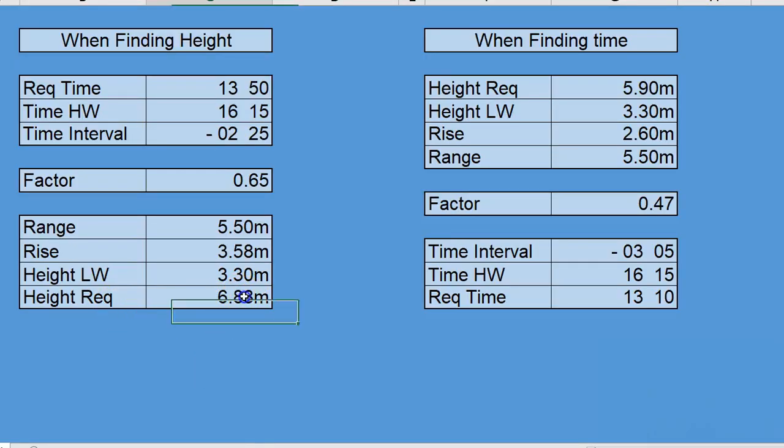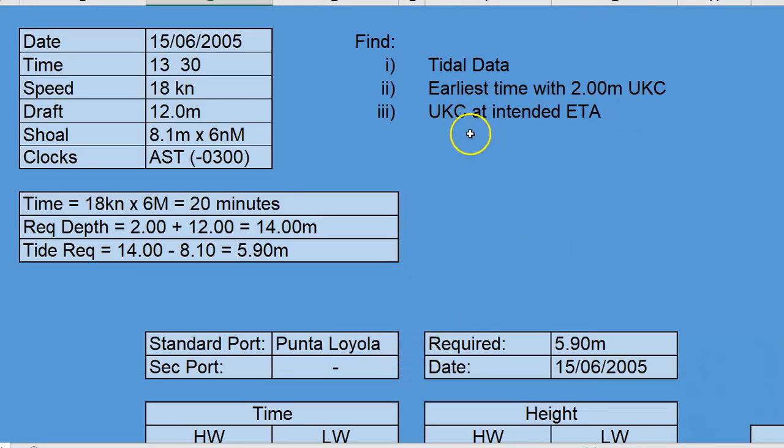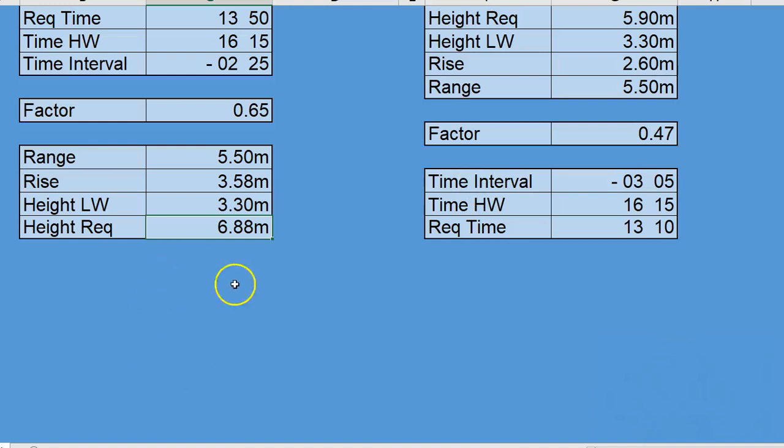So there we know it's 6.88 on that factor, and that answers the final part of the question, which asked what is the underkeel clearance at the intended ETA. So the required height there is 6.88.